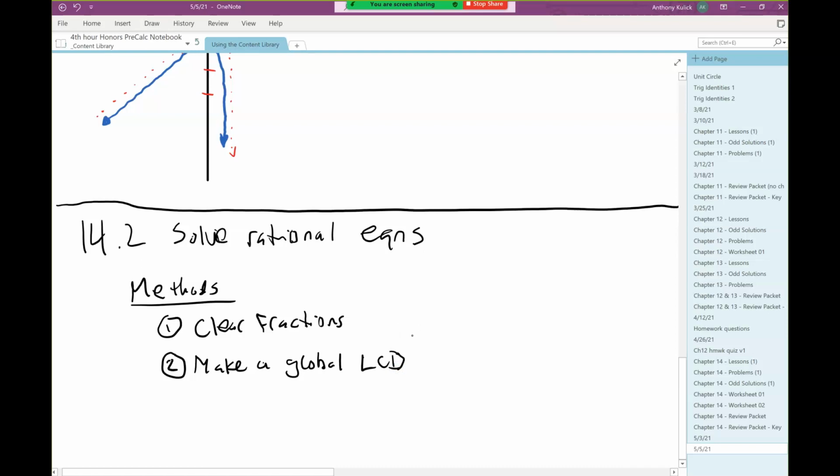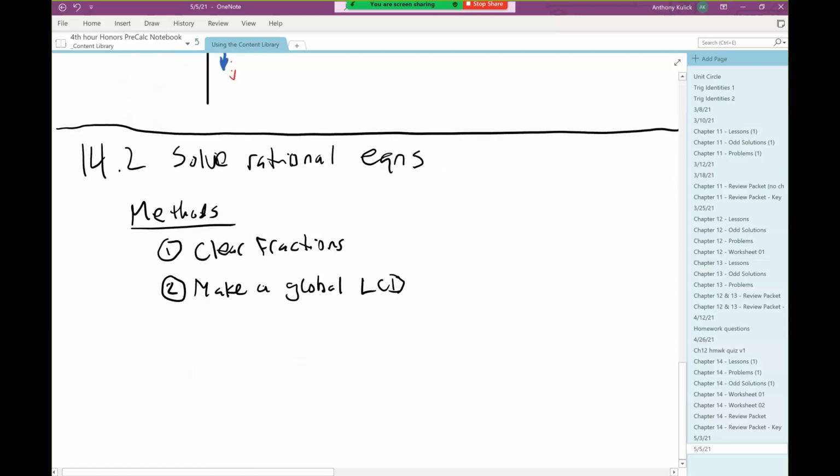I guess that's really the same thing as anything else. Those are the two different ideas. Anything else really becomes one or the other of these. You can do those in different ways, but that's the gist of it. My preference is usually always to clear fractions, unless there's an obvious common denominator already made for us.